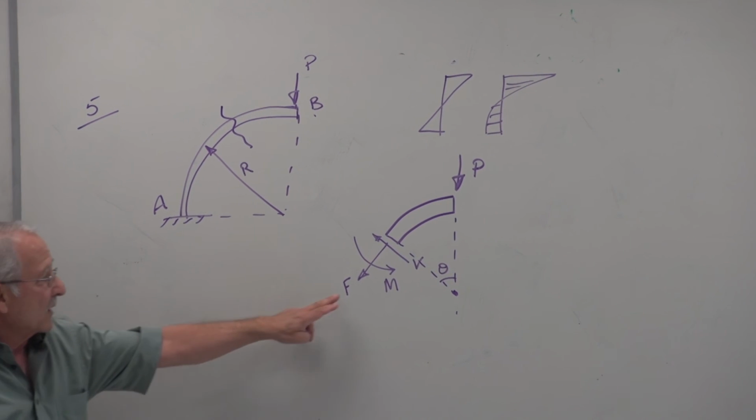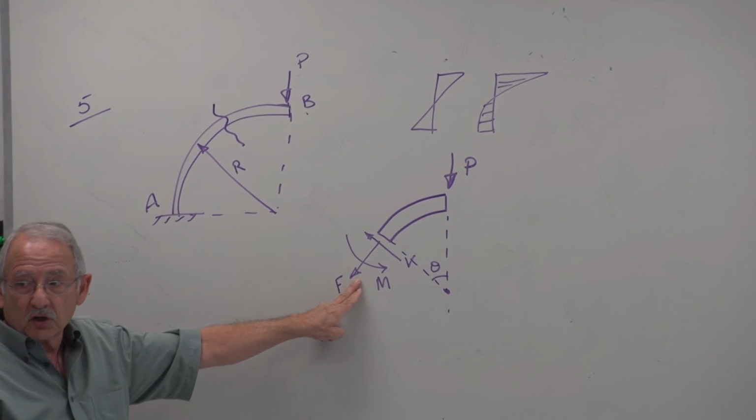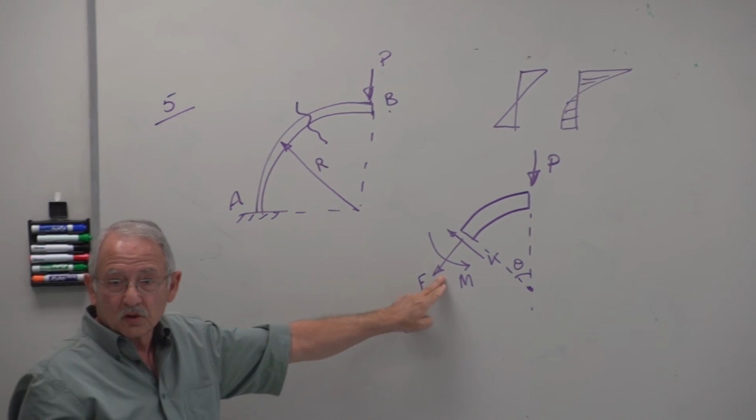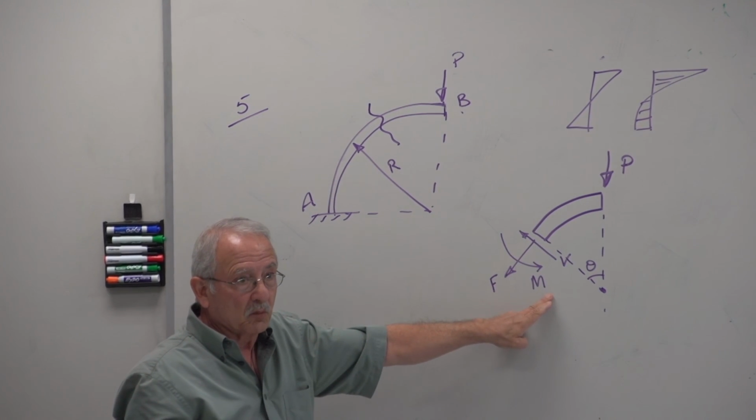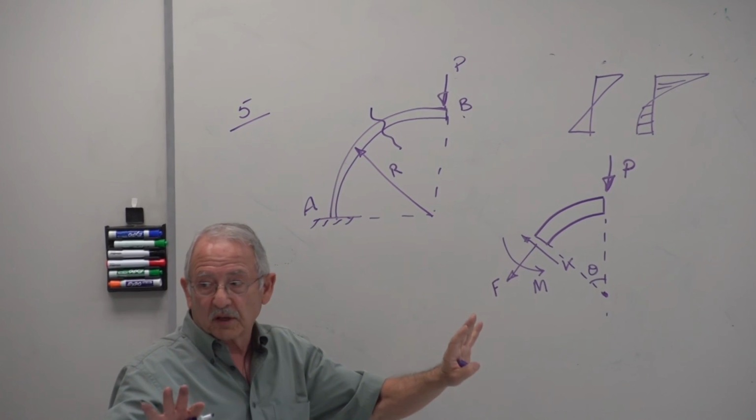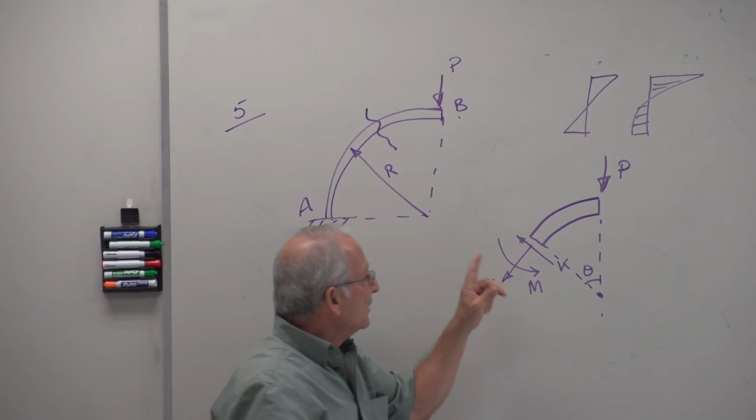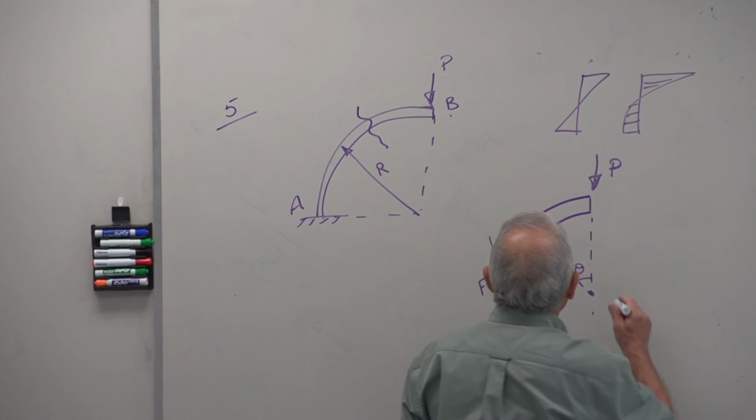In general, you would have to take into consideration the strain energy due to normal loads, shear loads, and bending moment. But we will only consider bending moment now. So I need to find the value of this bending moment.